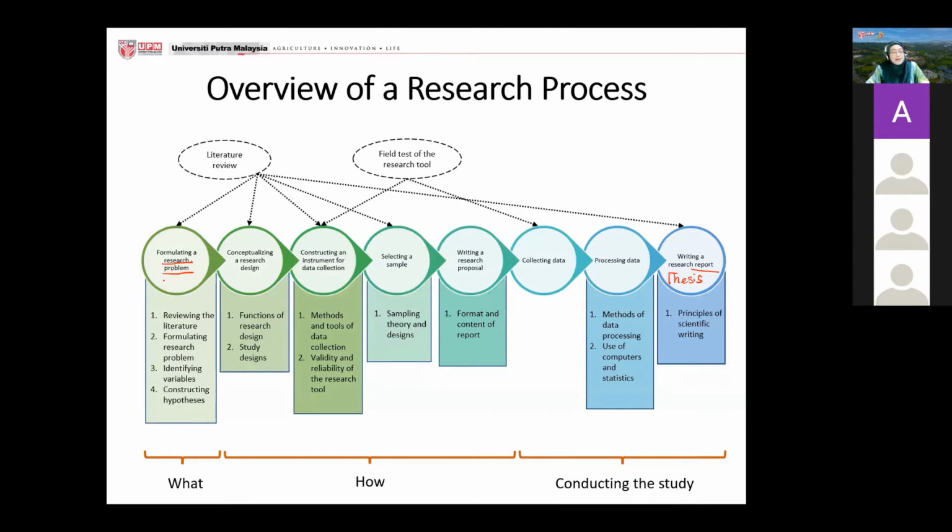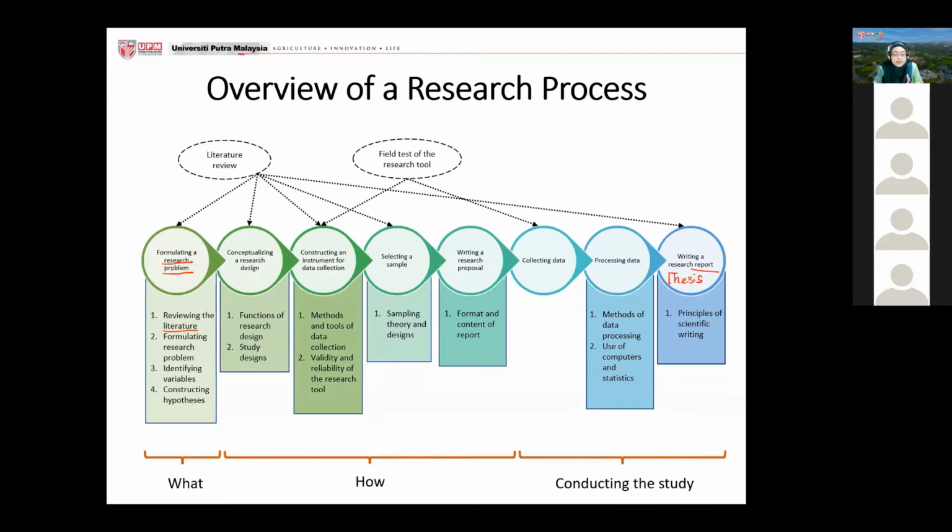There are many ways to look at research problems. You can find one by reviewing the literature. You search around and you see that for this topic, a lot of people are interested. Why? Because it's an enduring problem. Much research has been done, but the problem still exists.